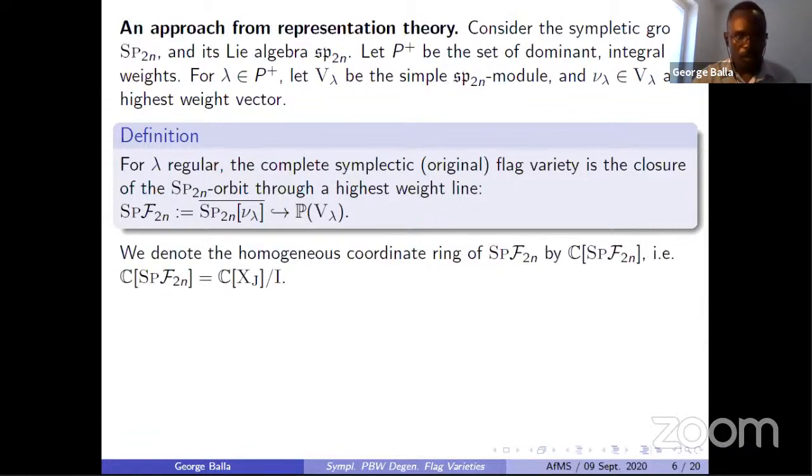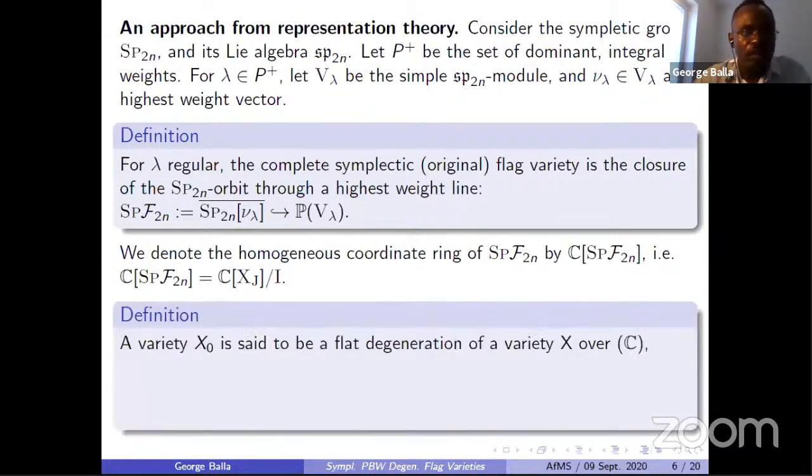So, to this variety, we can talk about its coordinate ring, because we know the defining ideal. This will be a quotient of the polynomial ring by this ideal I, which we saw. Now, before we continue, because we have something like degeneration in our talk, let's first say what a flat degeneration is.